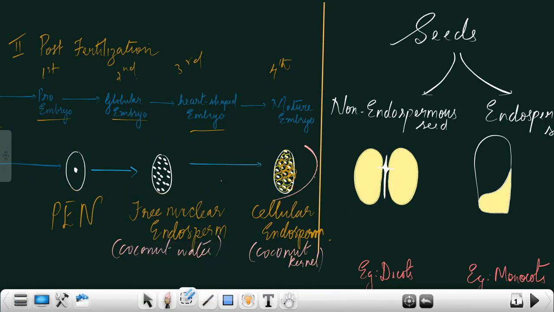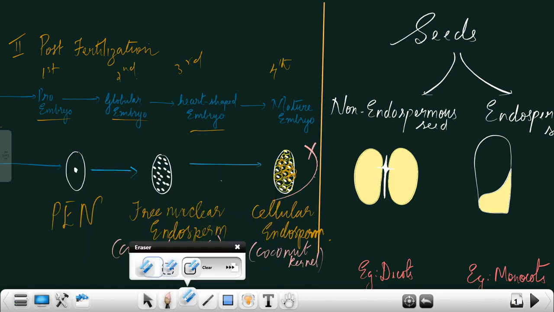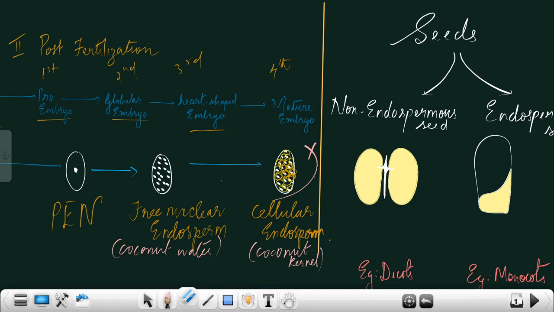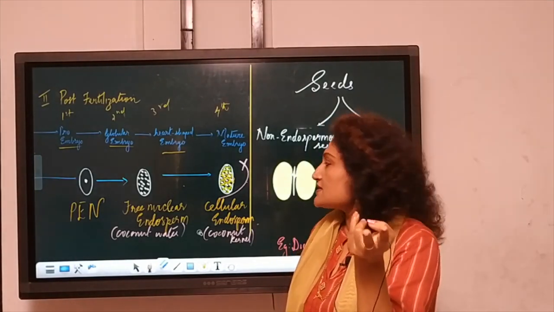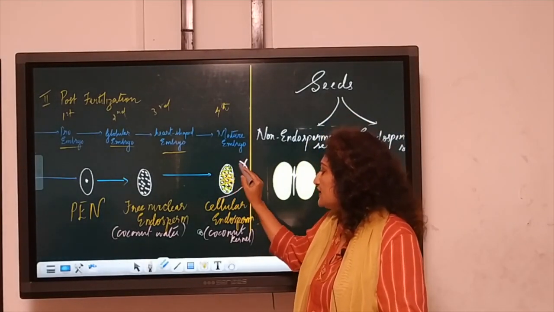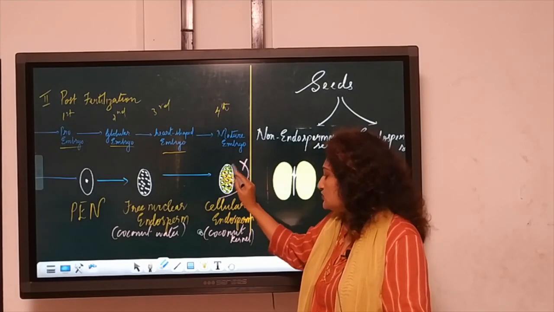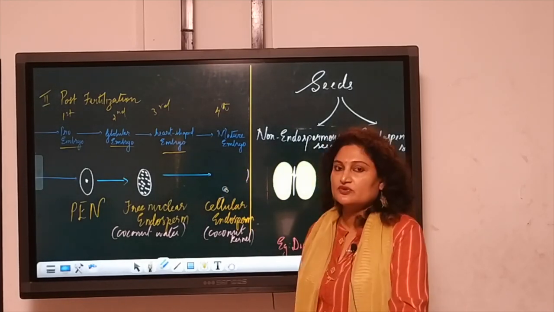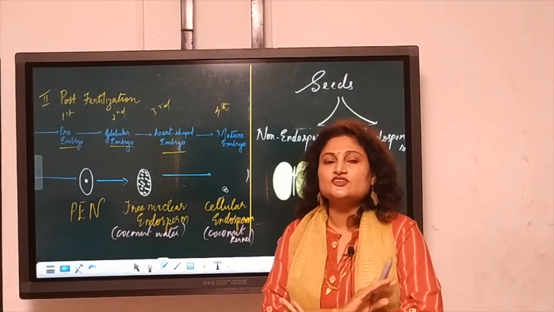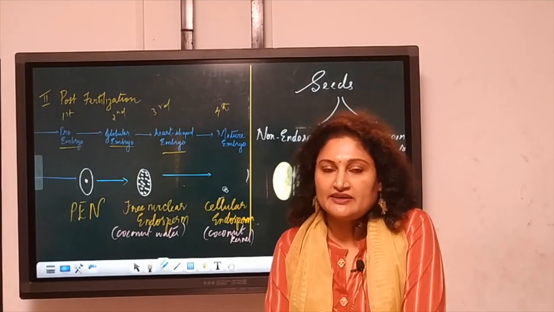Now we see the embryo gets its nourishment from the endosperm. Here we have two categories of plants, or two categories of embryos. Some mature embryos utilize the entire endosperm in such a way that the seed does not have any endosperm left.